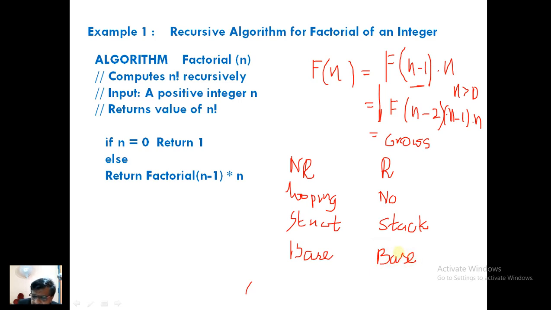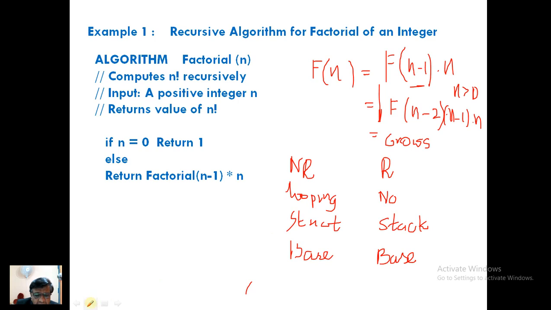The base case is the input size or value at which the function ceases to be applied again, or the function brings in a known value, for example f of 0 equals 1. These are the salient differences between non-recursive and recursive functions.